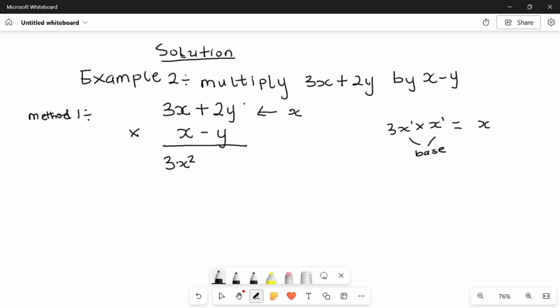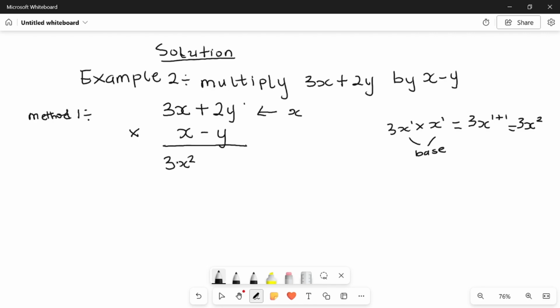So 1 plus 1, we're adding the powers because we're multiplying, gives us x raised to power 2. Then we add our value behind x, that's 3. So this is how we got 3x squared, right? So x times 3x gives us 3x squared.